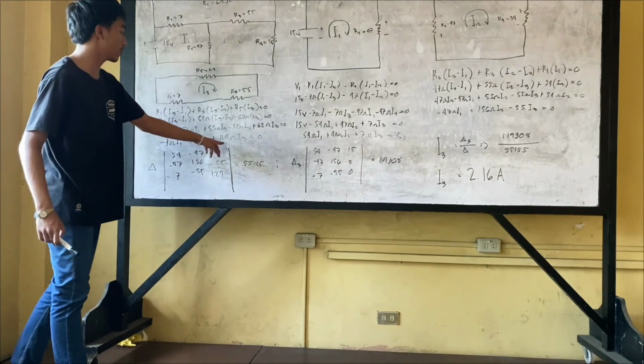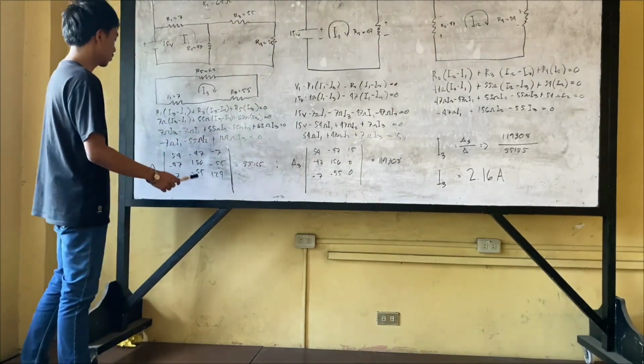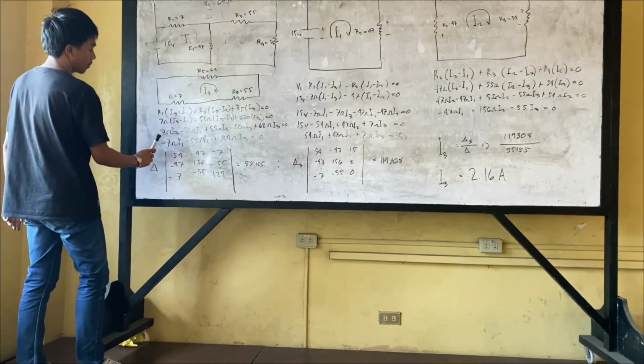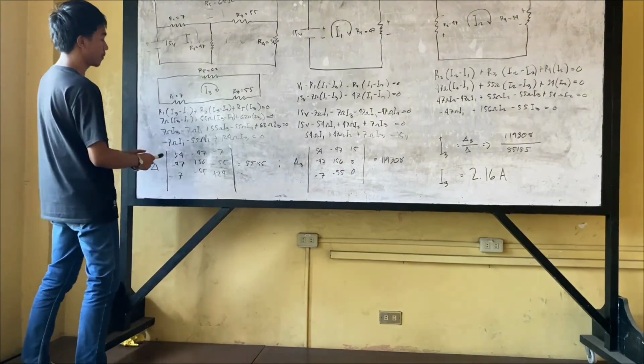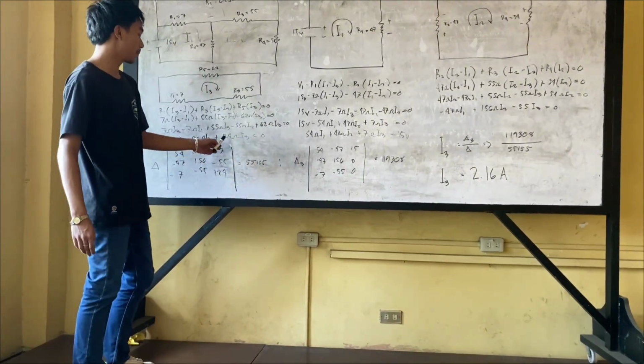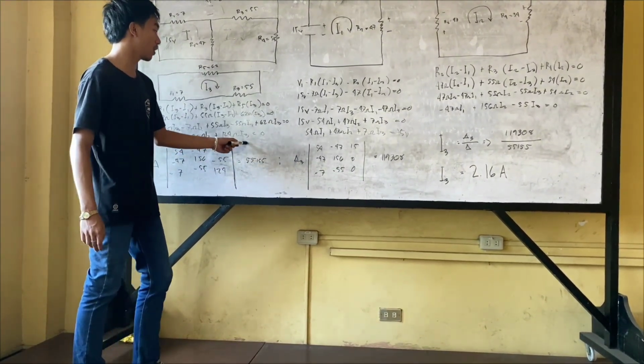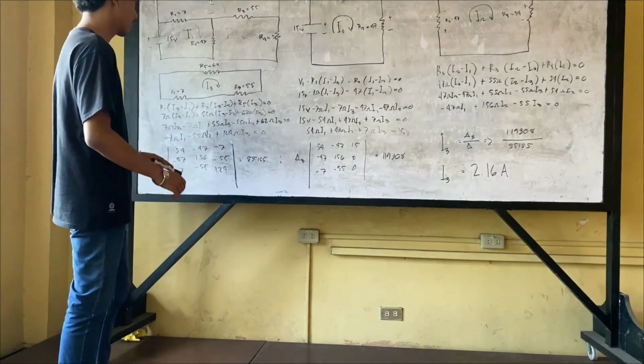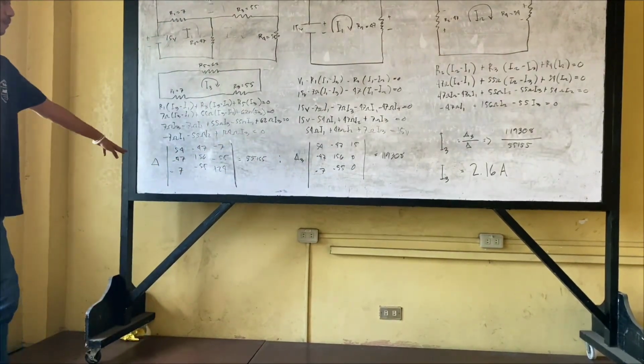So we will have 124 ohms of I sub 3. So it will be minus 7 ohms of I1 minus 55 ohms of I2 and plus 124 I sub 3 for our loop 3.